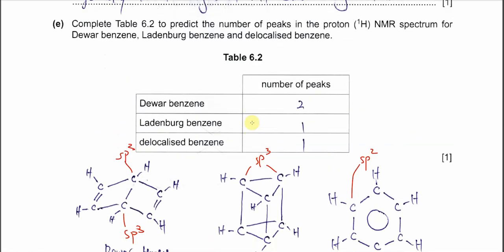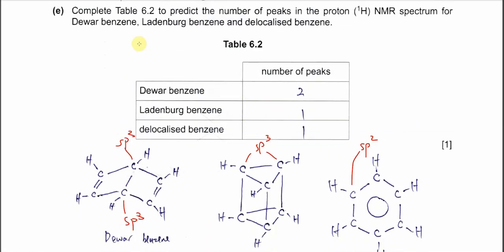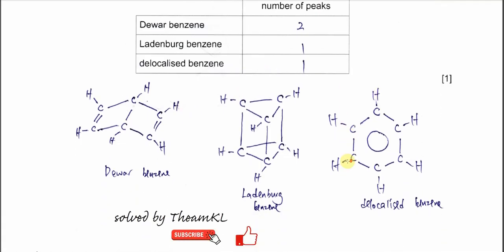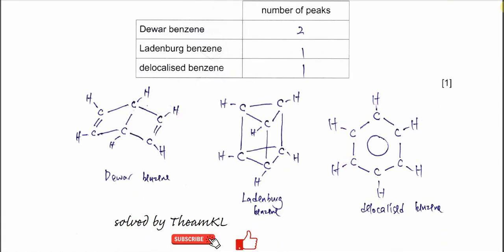Okay, now let's see part E. Complete table 6.2 to predict the number of peaks in the proton NMR for Dewar benzene, Ladenburg benzene, and delocalized benzene. Okay, let's start with this Dewar benzene. Let's check. For this one, there are 4 protons having the same chemical environment. This one, this, and this.